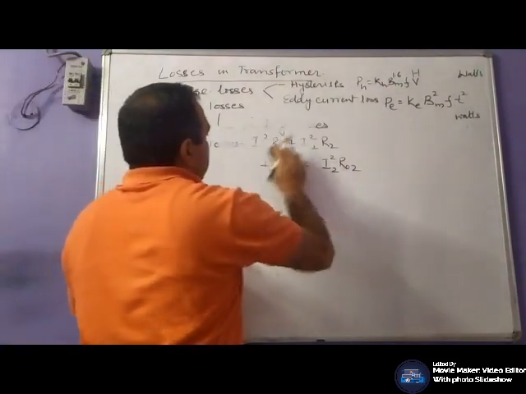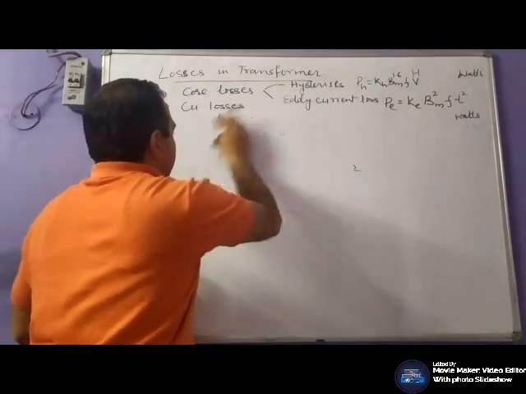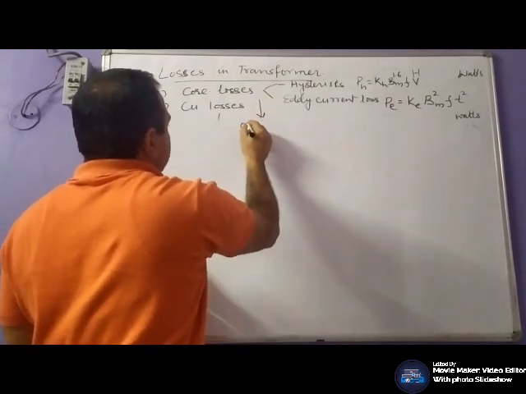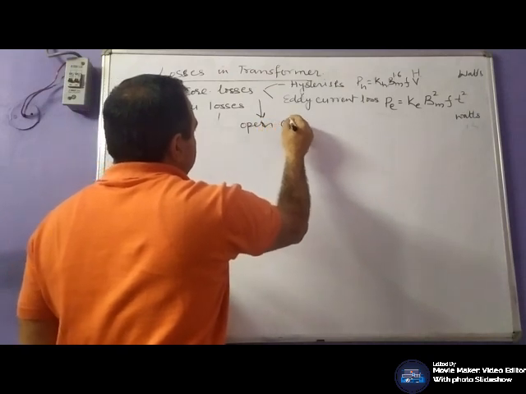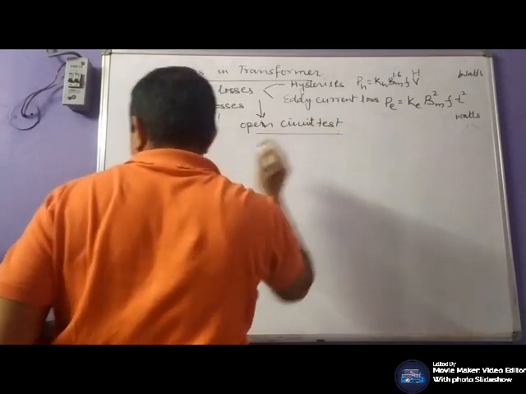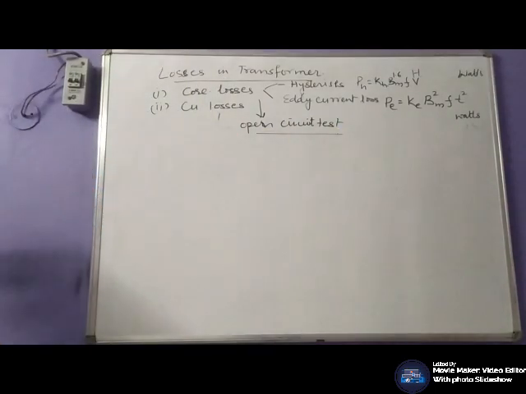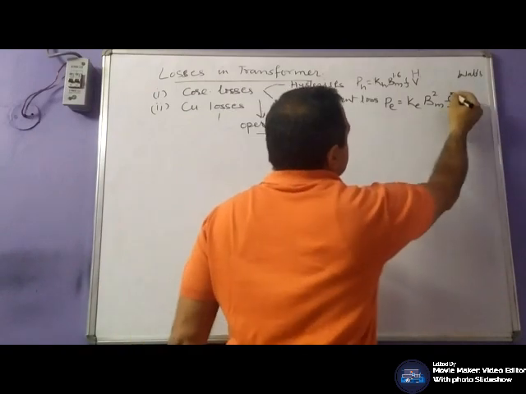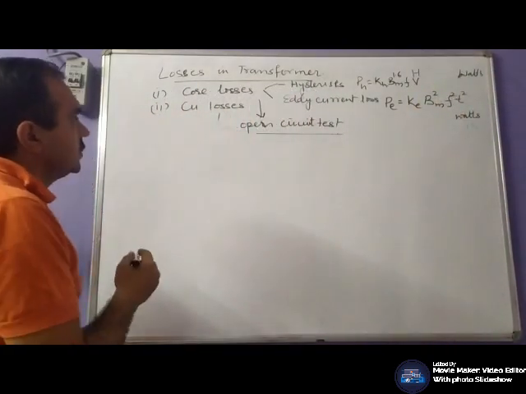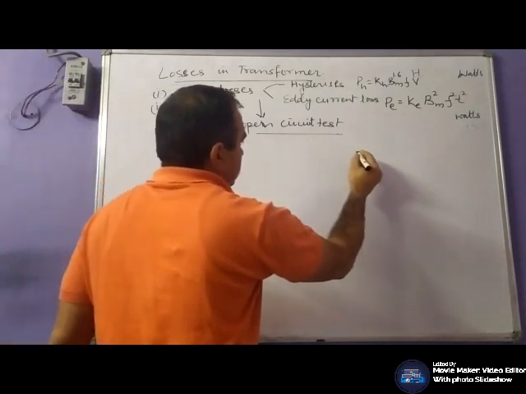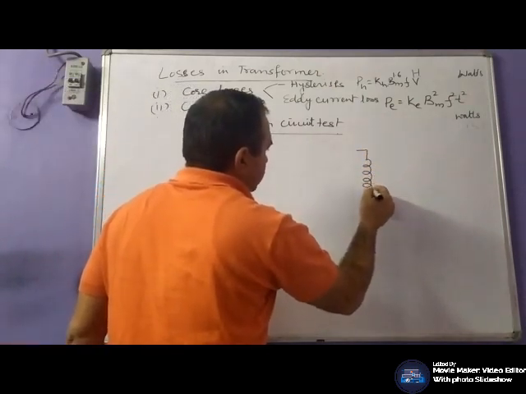First, we can find these core losses using the open circuit test. In the open circuit test, we have two windings of the transformer.